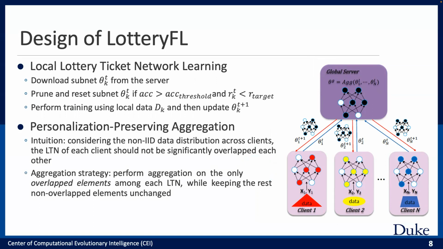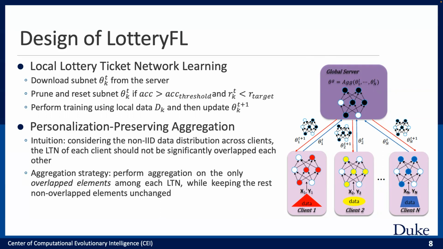We can prune and resize the subset: if the accuracy is larger than some threshold, say the accuracy requirement is 75%, we can further prune the neural network to reduce the size of this lottery ticket network and still satisfy the accuracy requirement. Then we perform training on the local data and update all the parameters belonging to this local lottery ticket network. This is basically how we do personalization in local training.